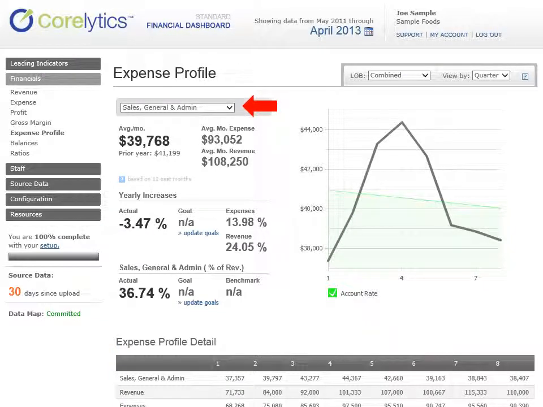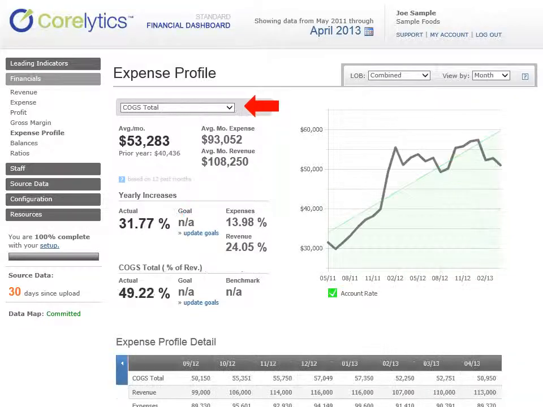So let's zoom out a little bit. Let's figure out where is this jump in expenses coming from. As we look at SG&A, our overheads, it's clear that that's not the problem, because that's in fact even decreasing. So that's not pushing up expenses to this 13.98% that we're looking at here.